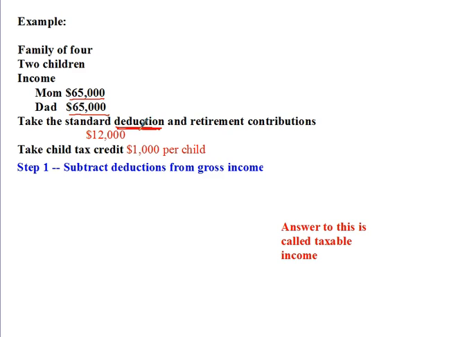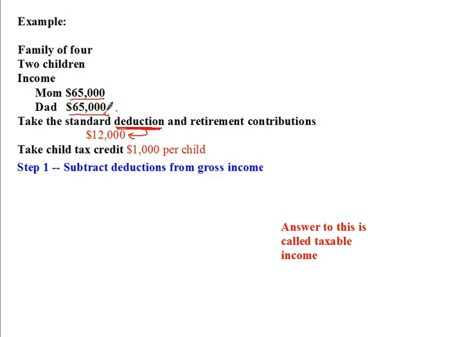The older standard deduction was around $12,000, actually like $12,700, but we'll use 12,000 to keep things simple. So you get a standard deduction of $12,000 for a family filing what's called married filing jointly. Since we have a mom and dad, they're married and filing their taxes jointly.